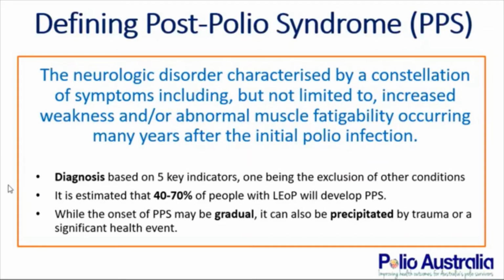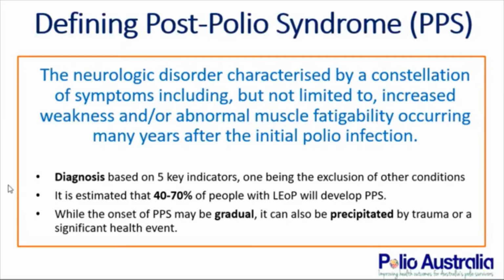Under that umbrella of the late effects of polio is a more specific actual diagnosis called Post-Polio Syndrome, known as PPS. This is classified as a neurological disorder, though not purely neurological from what we've already seen in the last session today.